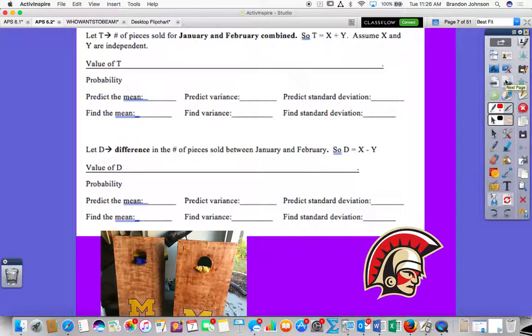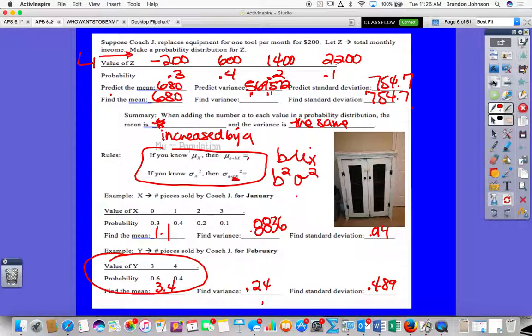So let's do this. What are the number of pieces sold for January and February combined? Heads up, X plus Y equals T. If I combine these, I could have different possibilities of things that I could sell for January and February, right?